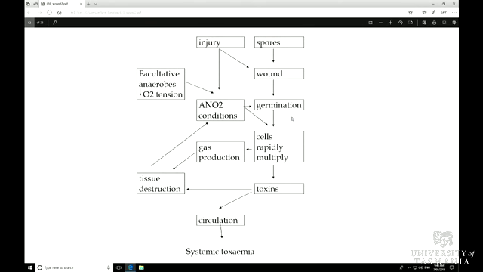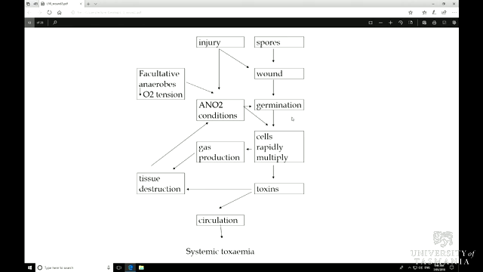So here's a quick summary of how we get gangrene. Starts off with an injury, and the injury causes a wound. If in that wound you have implantation of spores of C. perfringens.